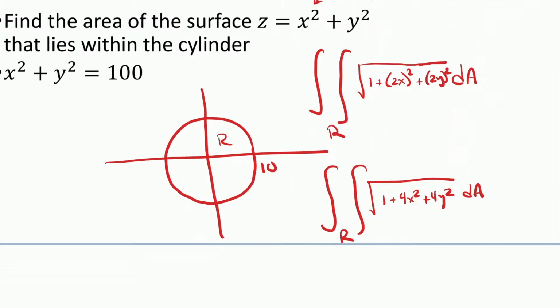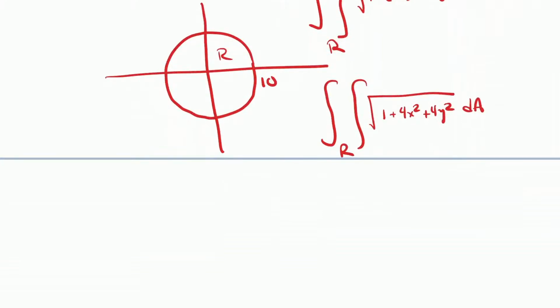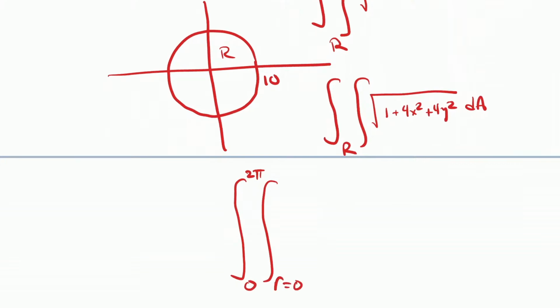And now let's convert this to polar coordinates. I mean, it's pretty straightforward because it's a nice circular region. So this thing ends up being the integral from theta equals 0 to 2 pi, r goes from 0 to 10, and then we have the square root.